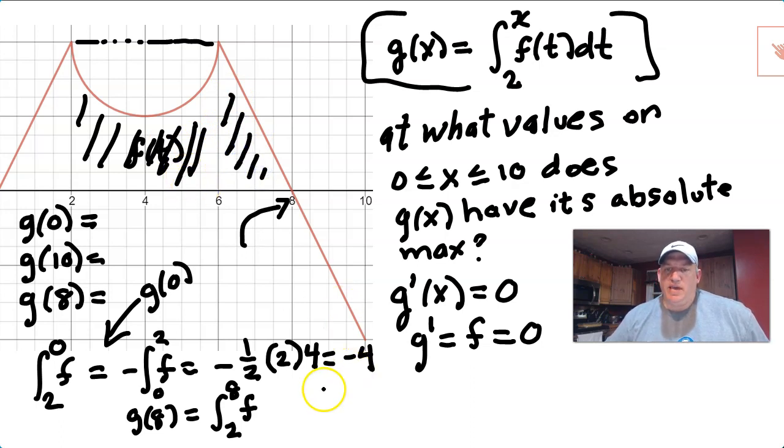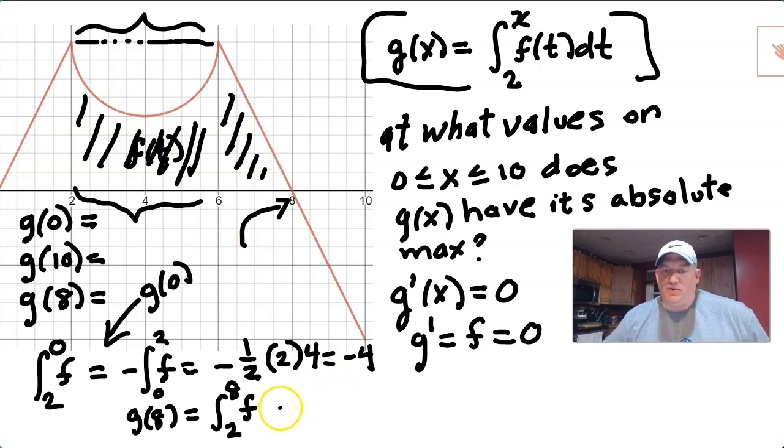So we're going to find this middle part first. We could represent this as basically a 4x4 square, and then we're going to remove a semicircle out of it.